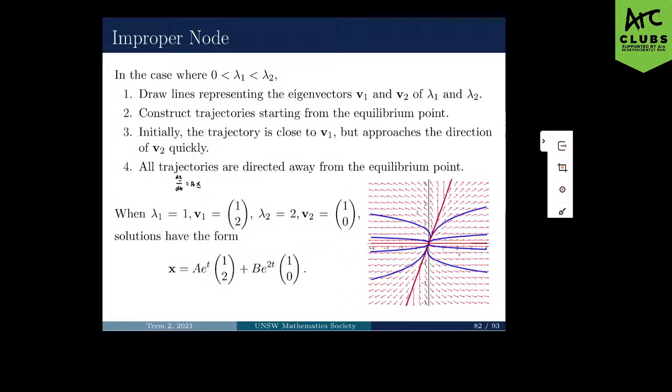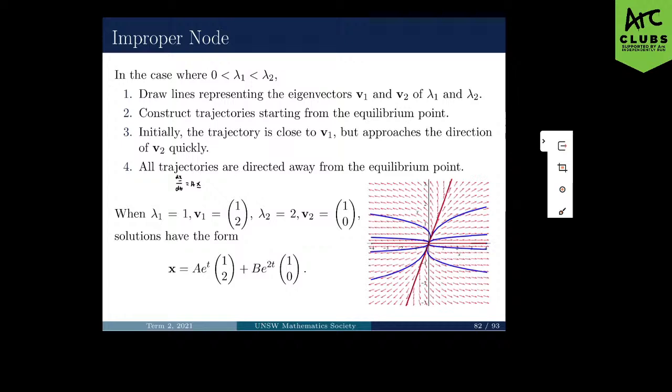So we found the eigenvalues and eigenvectors, so we know that the solution has this form shown here. How do we draw the phase portraits? Step 1, we should draw the lines corresponding to the eigenvectors. That will be these two red lines that you see in this diagram.